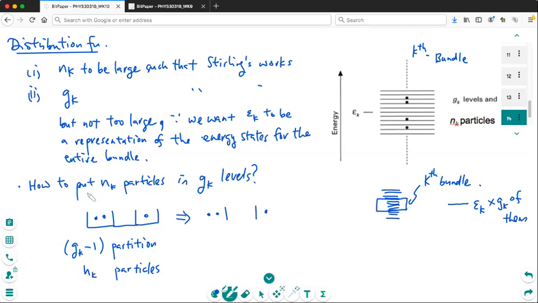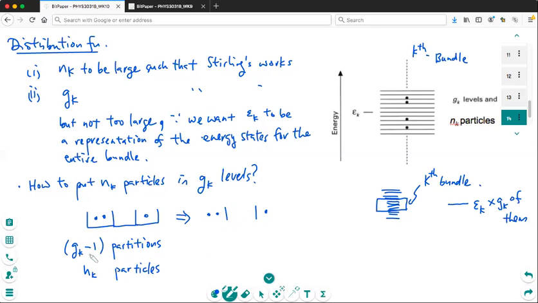How many ways can we have this kind of arrangement? The equivalent question would be how many ways can I arrange, let's say, three dots and two lines. This is the same. I can put this line here, then I will have 1, 1, 1, which is one of the possibilities.